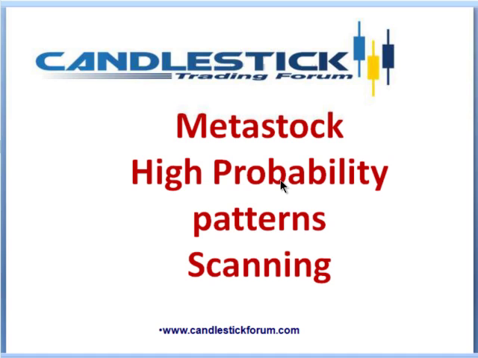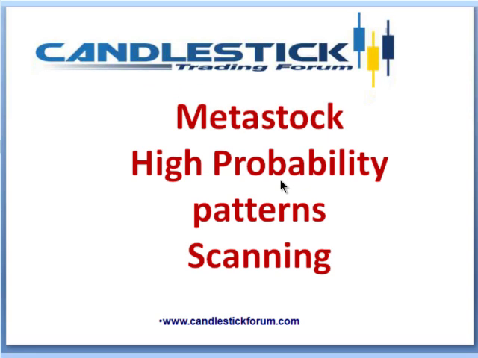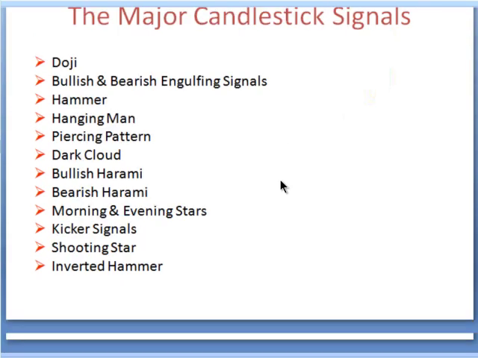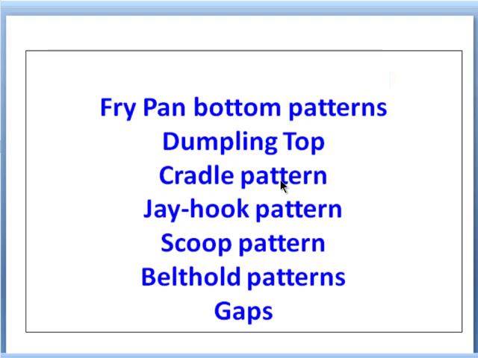very simple. Obviously, everybody knows we've got the 12 major signals, and it is doing this again. For some reason, there we go. It's got the 12 major signals, and we've got the high profit signals and patterns.